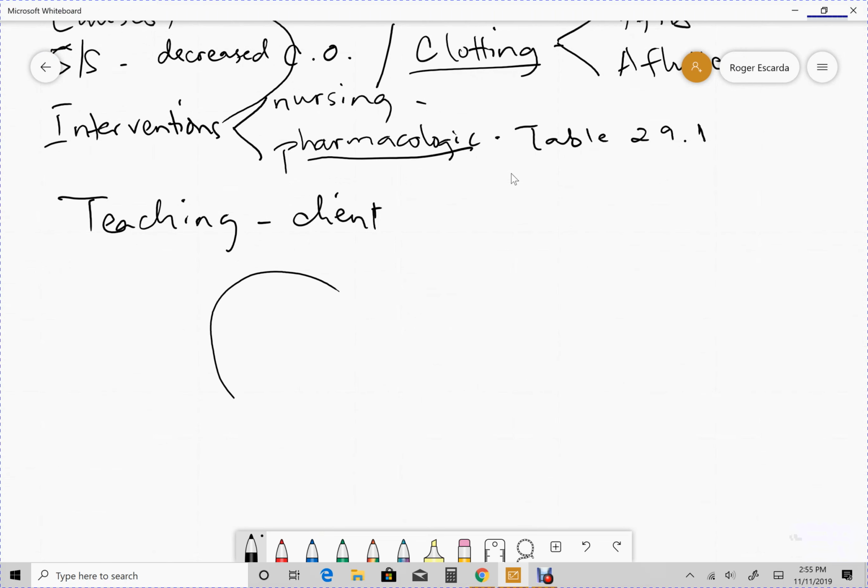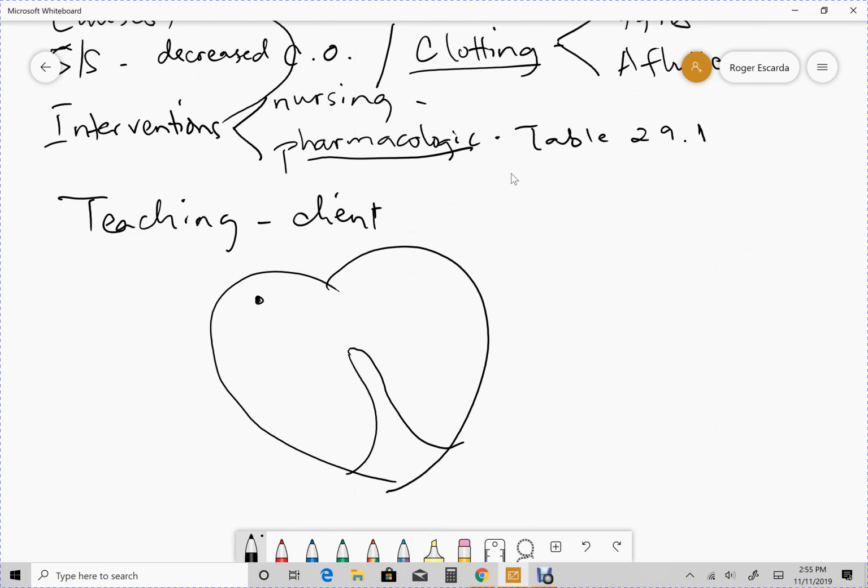We said last week that there are 3 pacemakers. This is the SA node. Then you have the AV node, which is your secondary pacemaker. And finally you have the left and right bundle branches and the Purkinje fibers, which supply the ventricles.